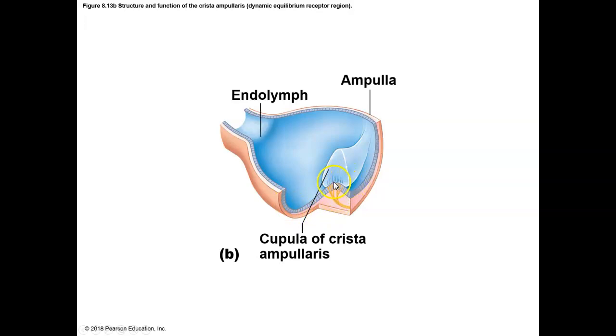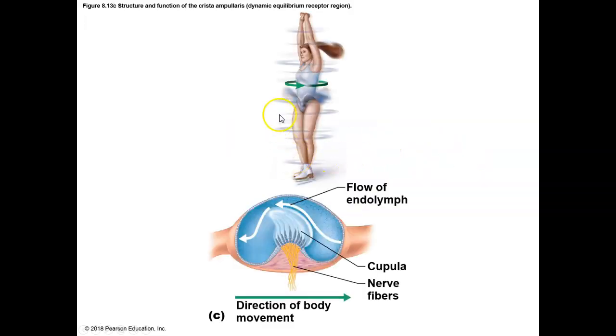And as rotation occurs, it causes the cupula to bend in certain directions. And depending on which direction, with all three of the semicircular canals identifying directional forces, it's going to cause us to identify what direction we're moving.